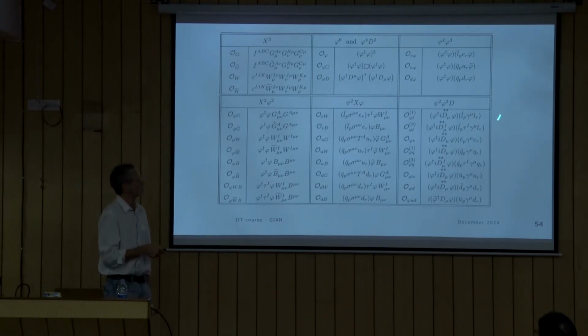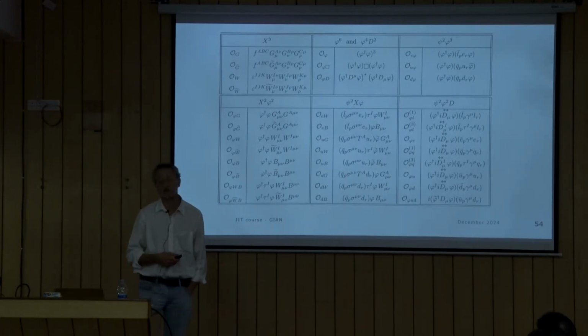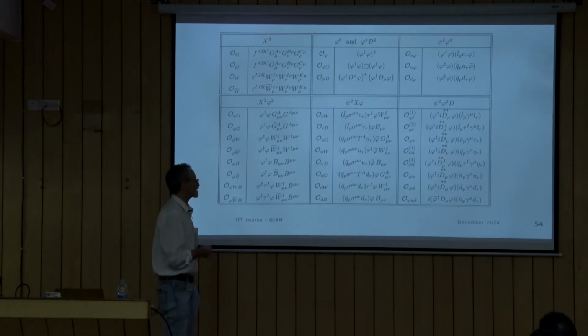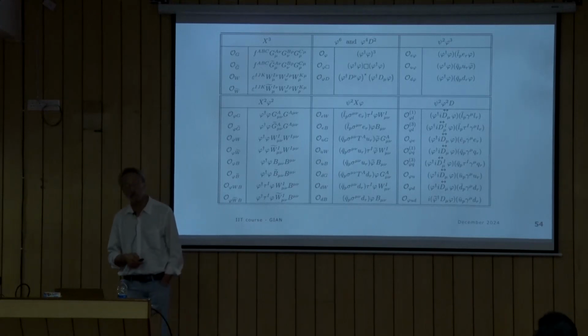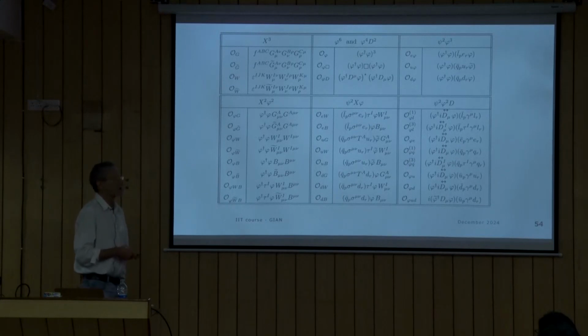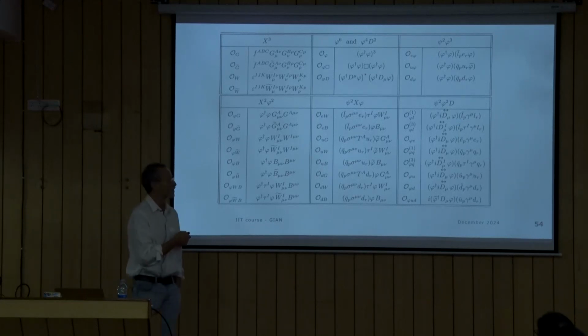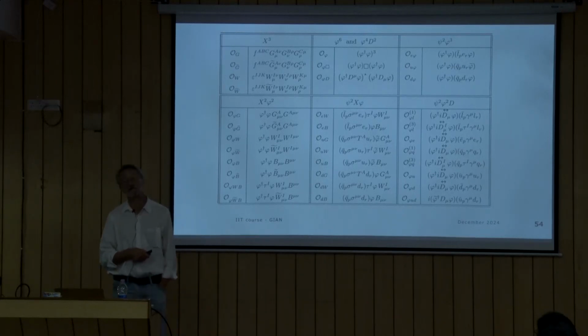For example, this particular set of operators modifies the coupling of the various fermions to the Z boson. This operator at the bottom modifies the couplings of the quarks to the W boson. I'm just displaying them in their gauge invariant form. In practice, when you're looking at the phenomenology of any one of these operators, you write it out in terms of a physical basis and see what you get.